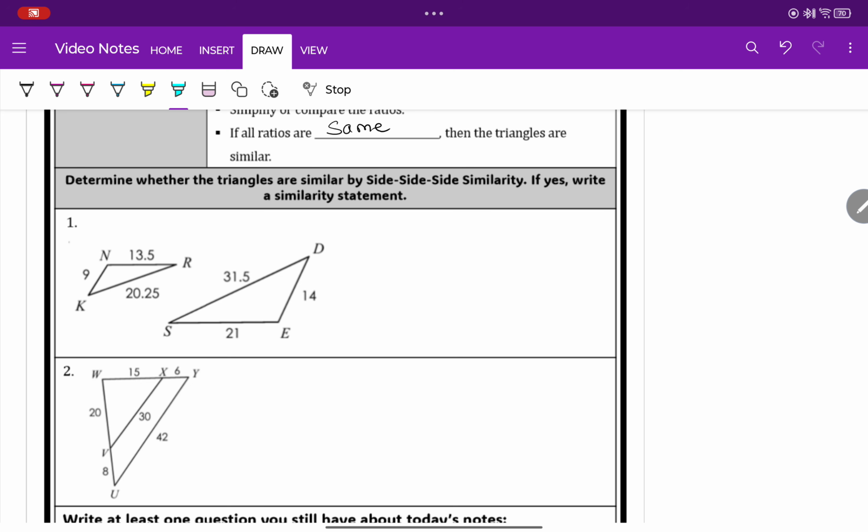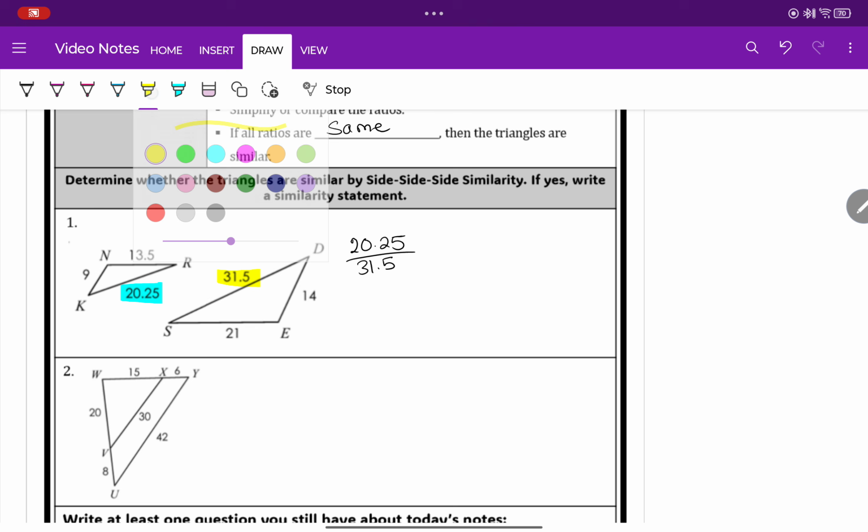So I'm going to start with my longest 2 side lengths. I have KR segment, right? And SD segment being the longest 2. So I'm going to write that out as 20.25 over 31.5 as my first ratio.